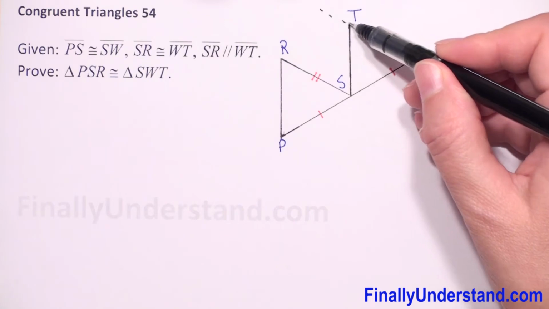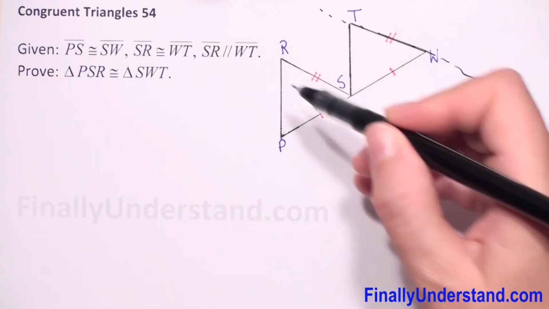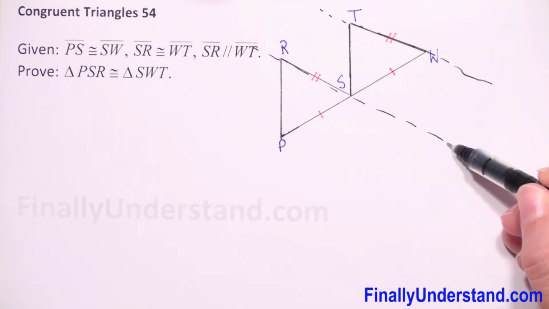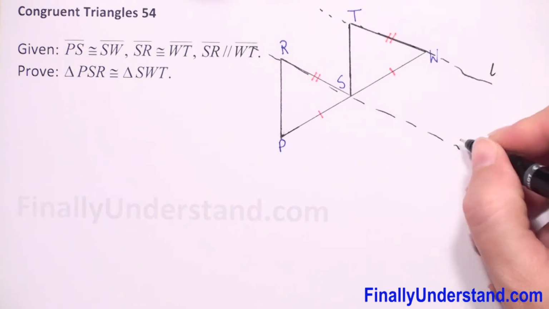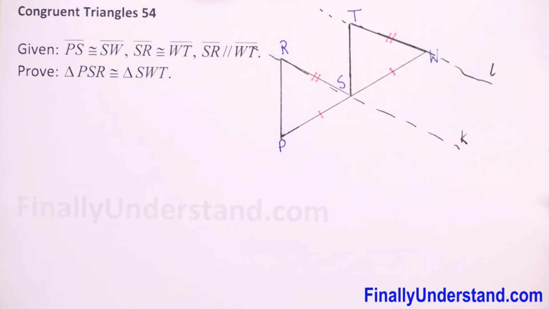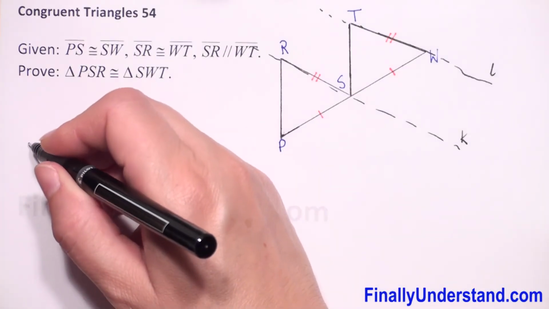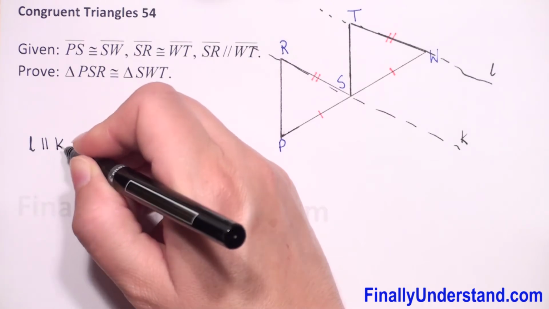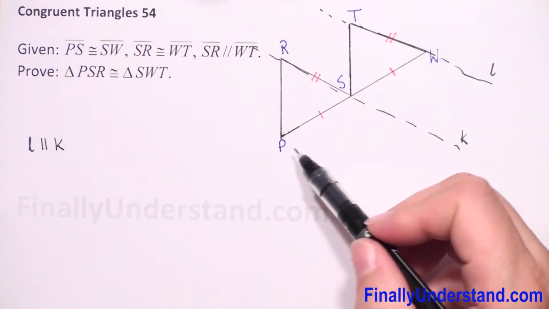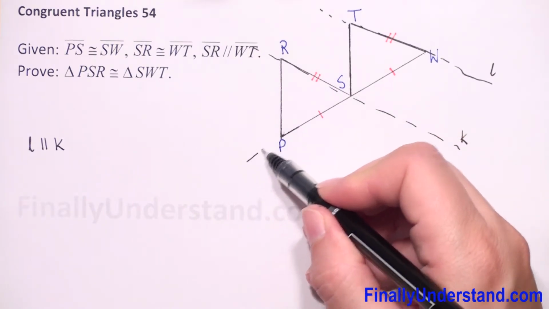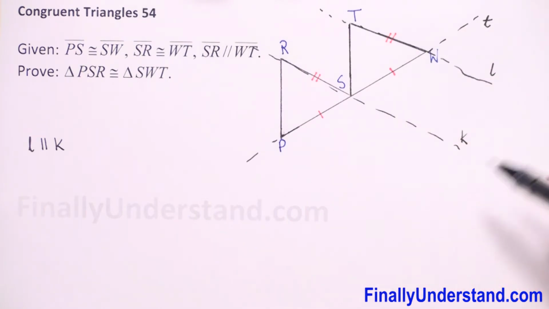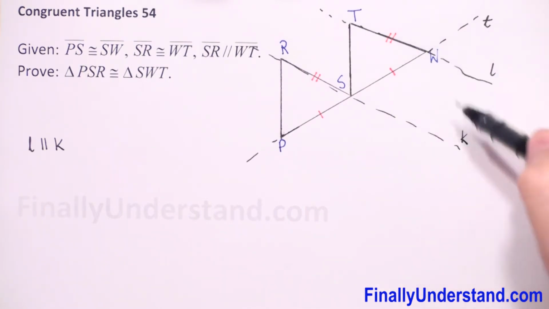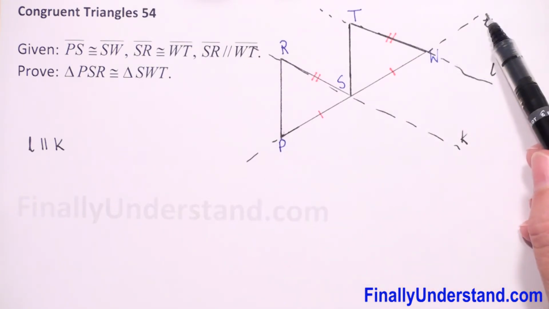If we extend these two segments, let's call this line L and this line K. These two lines are parallel, so we can write L is parallel to K. And if we extend segment PW, we have transversal T here. So these two parallel lines are cut by a transversal.